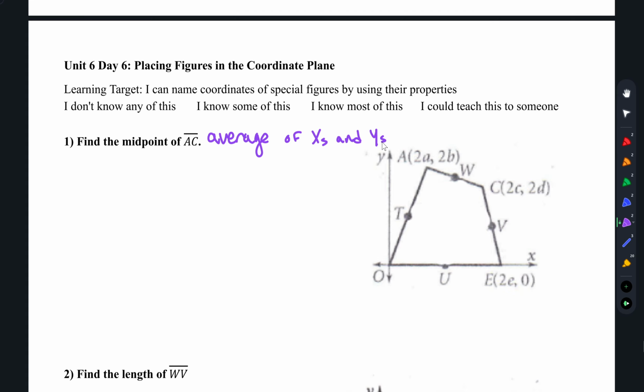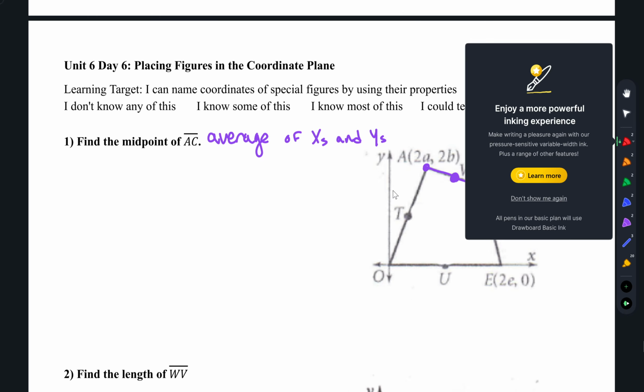So if I'm looking here at AC, W represents the midpoint, and I need to find the coordinate value of W. What I'm going to do is look at the two endpoints of this line, A and C, and average out the x and y values.